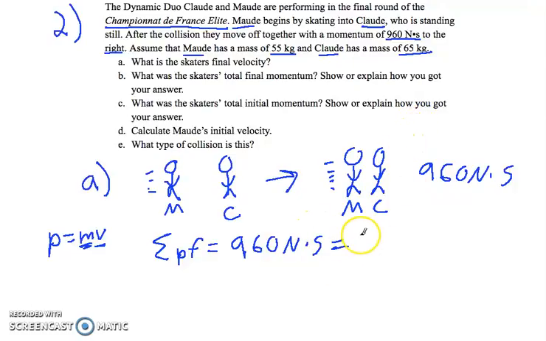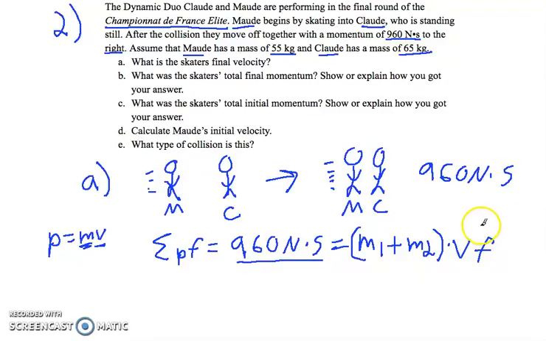So we're going to say the 960 Newton seconds is equal to the first mass plus the second mass, both of them together, times their final velocity. It's one final velocity because they're stuck together.